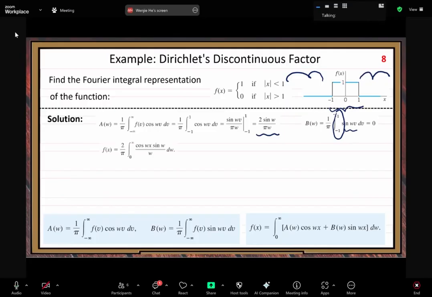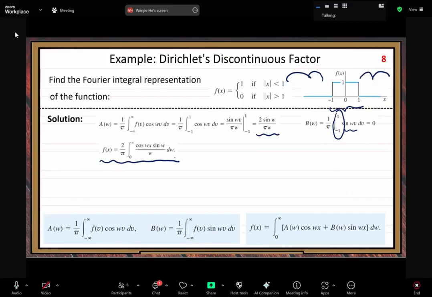Then we can write the f function. We only have the cosine part. We don't have the sine part. Now you see the final representation. The f function can be represented in this special integral form. When you look at the result, it's not easy to see, right? How can you see this function can be represented in this nice integral?